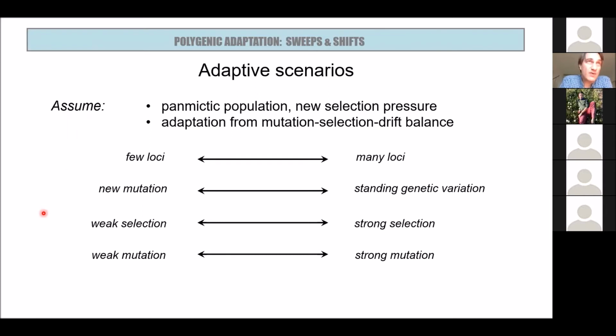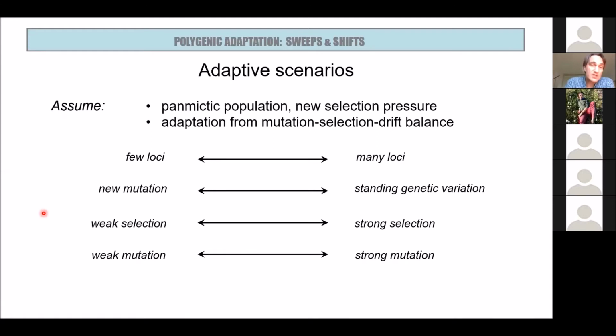We observe everything in natural populations, and to a degree, of course, this is certainly true. There is no doubt that we do see selective sweeps with clear footprints sometimes. And there's also no doubt that, for many other traits, a lot of adaptation happens without leaving very clear footprints.